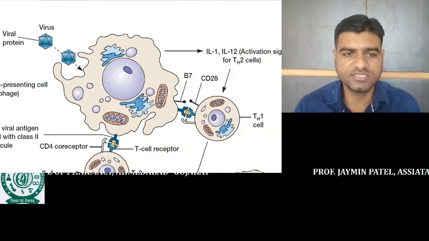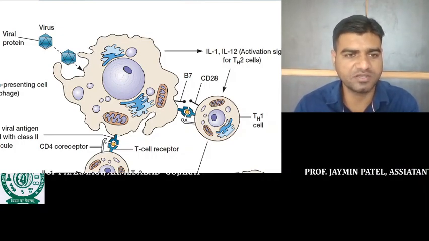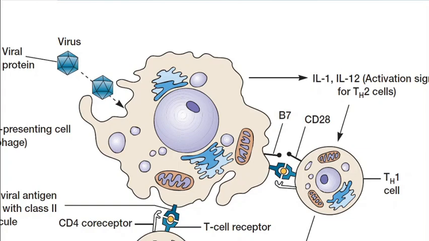Okay, I will make this picture large so you can easily understand. This Th1 cell, here this one is the T cell receptor and this one is the MHC receptor. The MHC receptor provides the peptides of the virus and the T cell receptor connects to these peptides.